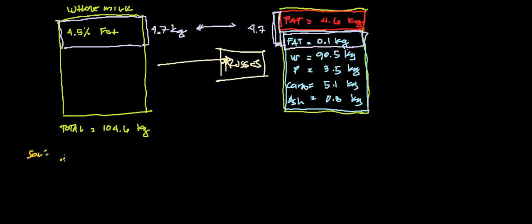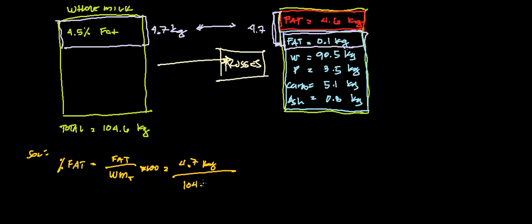If we check it using our total mass, then our solution here is that percent fat is equal to the fat mass divided by the total mass of this whole milk, times 100%, of course. So we have 4.7 kilograms divided by 104.6 kilograms times 100%.